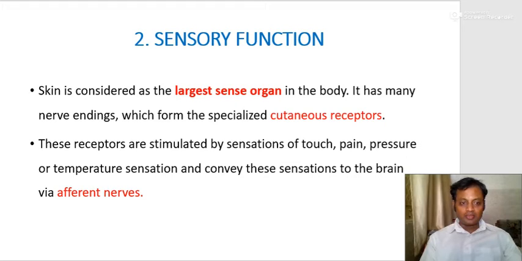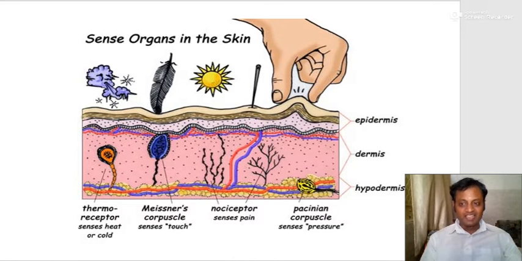Next, number two is sensory function. What is a sensory function? Sensory function, it has sensory receptors for touch sensation, pain sensation, pressure sensation, temperature sensation. Everything ascends to the higher centers. You can see this picture. In this picture, I have clearly explained the functions of the skin. Skin functions for heat or cold.